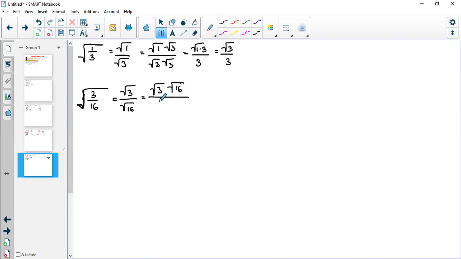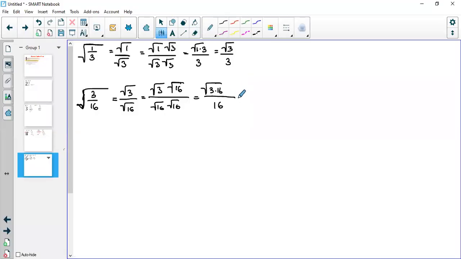Divided by the square root of 16, the square root of 16. Now this always you will do if you have a radical sign in the denominator. So square root of 16 times square root of 16 will result in a 16. And this could be written as 3 multiplied by 16 because you can combine them together. So 3 multiplied by 16 is going to give you 48, right?